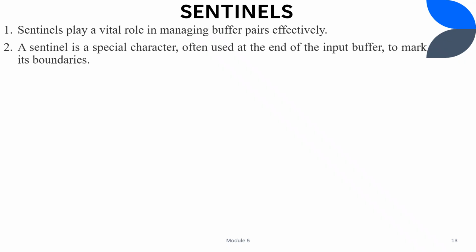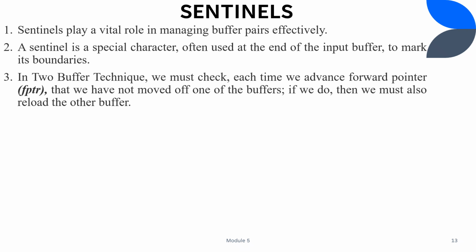A sentinel is a special character which is often used at the end of the input buffer to mark its boundaries. In the two buffer technique, there are two checks which we need to do. First, we always advance the forward pointer and check that we are not moving out of the buffer. If we have reached the end of the buffer, it is the duty of the lexical analyzer to reload the next buffer.